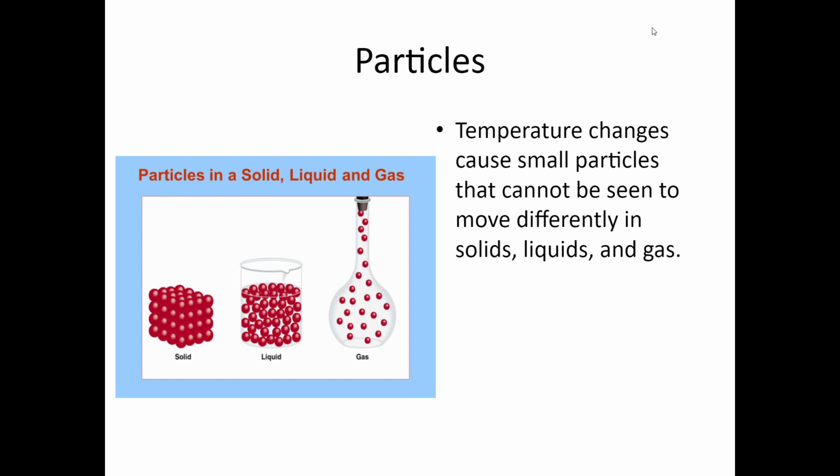Particles. Temperature changes cause small particles that cannot be seen to move differently in solids, liquids, and gas. As you can see, the solid, the liquid, and the gas particles are all different. We talked about this last week.